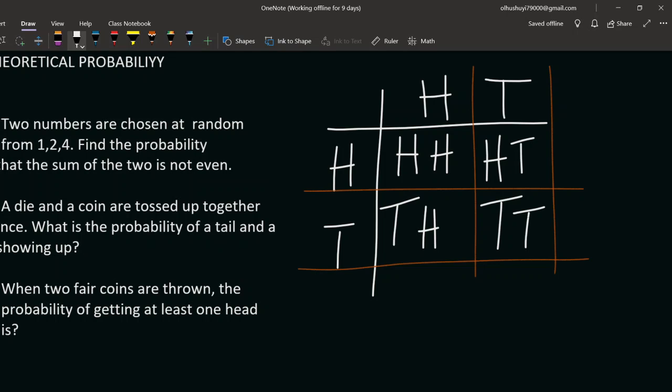At least one head means the least you can have is one head. You can have more than one head. So the whole space is 4.